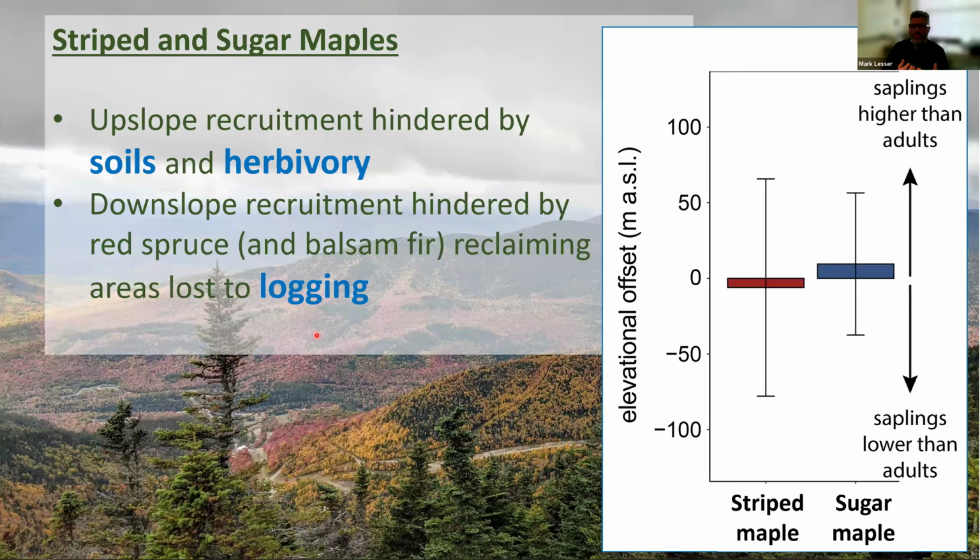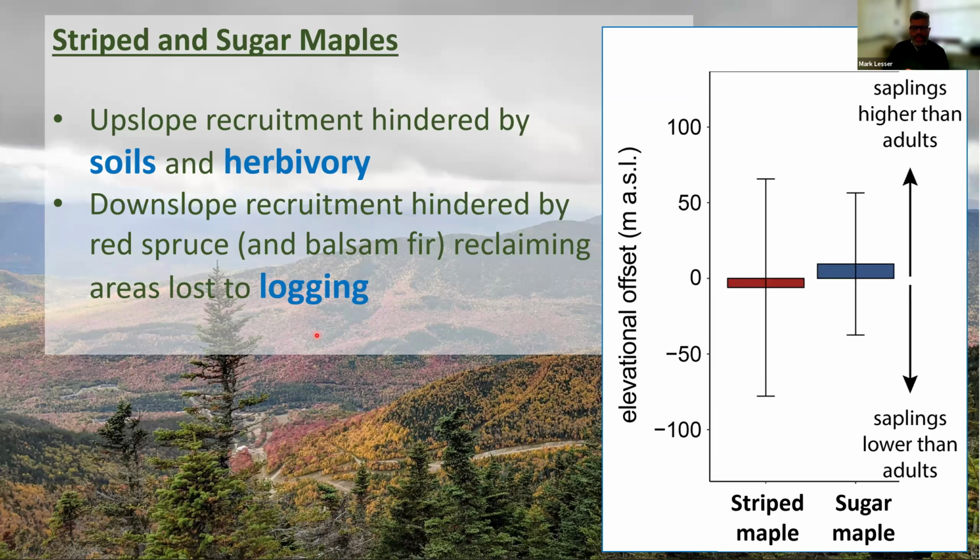Striped and sugar maples, which we also found to have no clear directional movement: upslope recruitment for seedlings and then saplings of those species is probably hindered to a large degree by soil type. The coarse tills found predominantly at upper elevations are not conducive for these species to grow on. Also, seed predation or herbivory at upper elevations has been shown to be a major problem in terms of their ability to recruit, in work done by Mark Vellend out of University of Sherbrooke and Jordan at ESF, who I already mentioned.